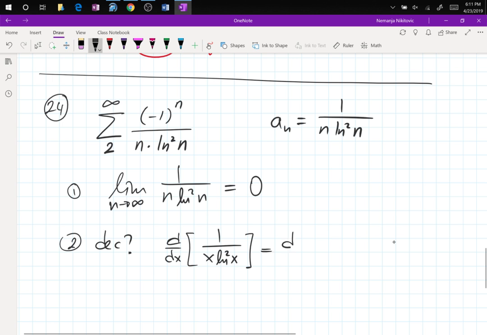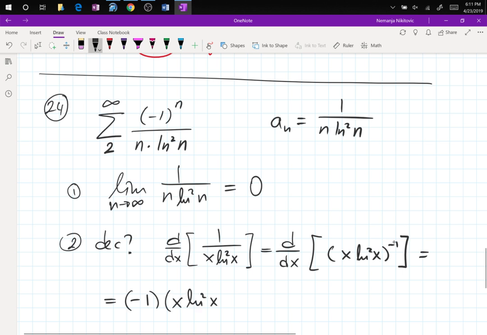So what do I have? I actually have the derivative of x ln squared x to the negative 1. So it's going to be a double or triple chain rule with a product rule inside. So it's fun. We go with the negative 1 times the guts to the negative 2.